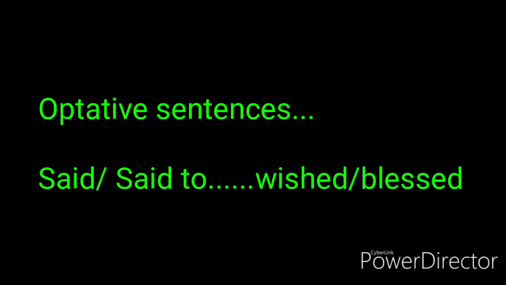An exclamatory sentence always ends with an exclamation mark, or there may be some interjections at the start or end of the sentence. Exclamatory sentences express or show sudden or strong feelings of a speaker, such as joy, sadness, etc. Optative sentences express or show blessings or wishes of the speaker. In these kinds of sentences, we change said and said to into wished or blessed. Optative sentences also end with an exclamation mark.